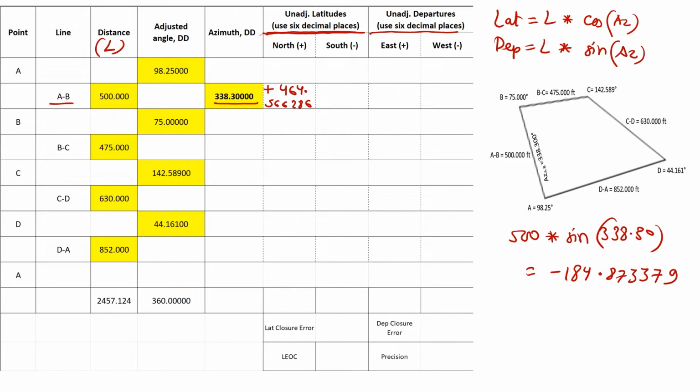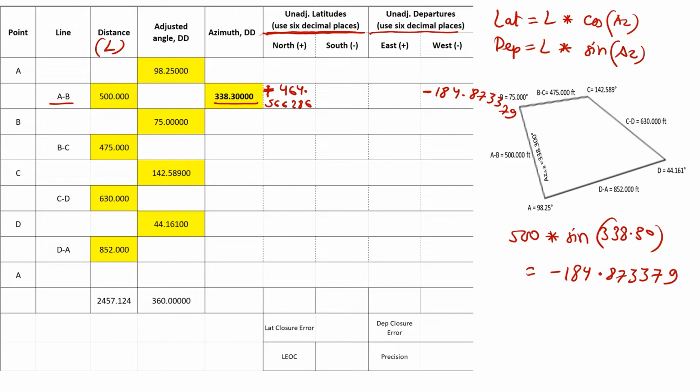So departure is negative, so minus 184.873379. Make sure you write the sign. If you don't write the sign, you might end up making a mistake. So make sure you keep the sign intact when you write down the values.